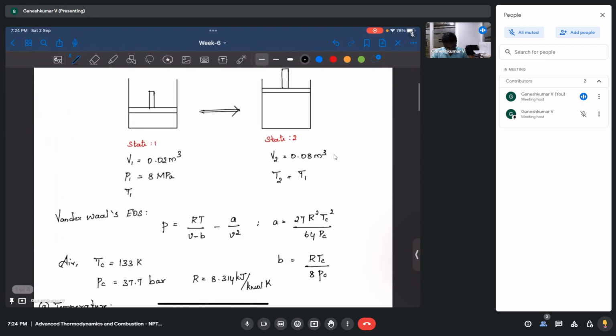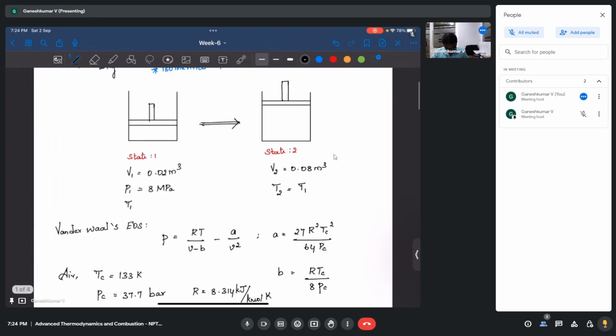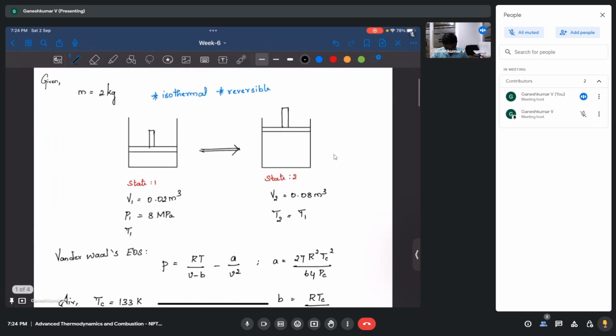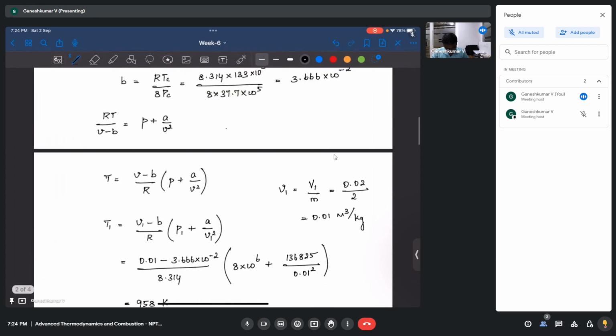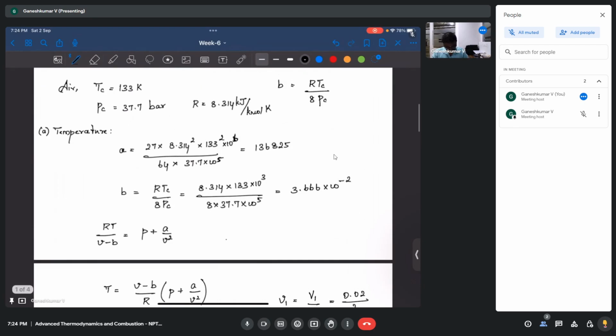0.01 meter cube per kg, right? So it is 0.02 divided by 2, which is 0.01 meter cube per kg. Check the constants again.